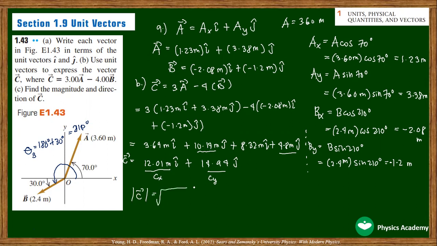Now we can get the magnitude of this vector C, which is the square root of Cx squared plus Cy squared. So this is the square root of 12.01 squared plus 14.94 squared.